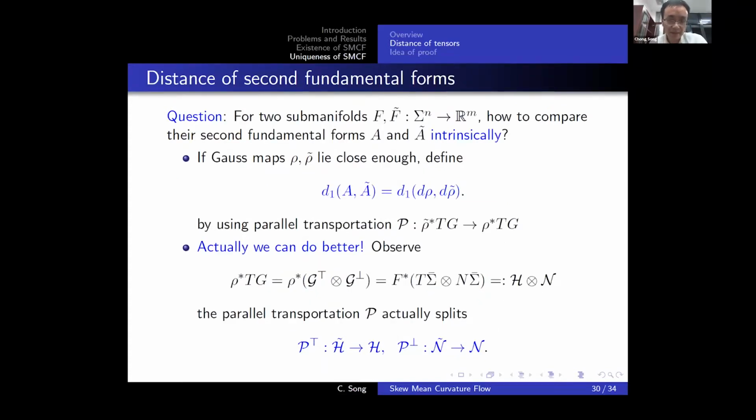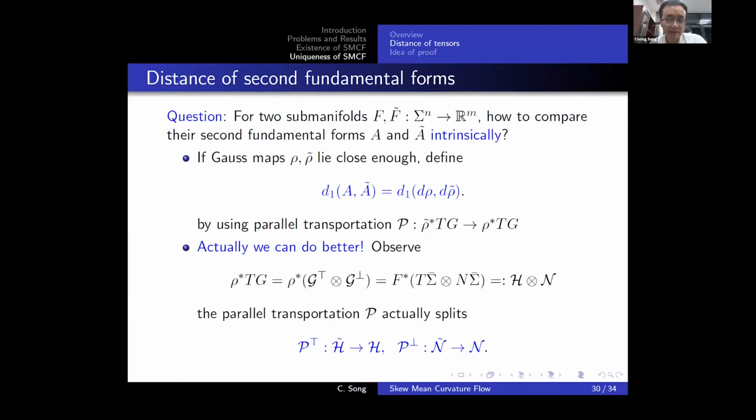But here, we are not dealing with simple vectors. We are dealing with two submanifolds. So the most important geometric quantity of the submanifold is its second fundamental form. So we want to apply the idea of parallel transport to define the difference of different second fundamental forms of different submanifolds.